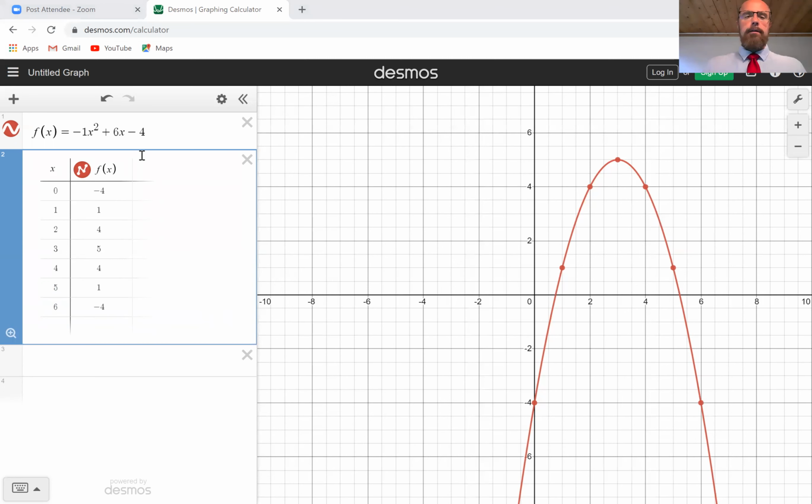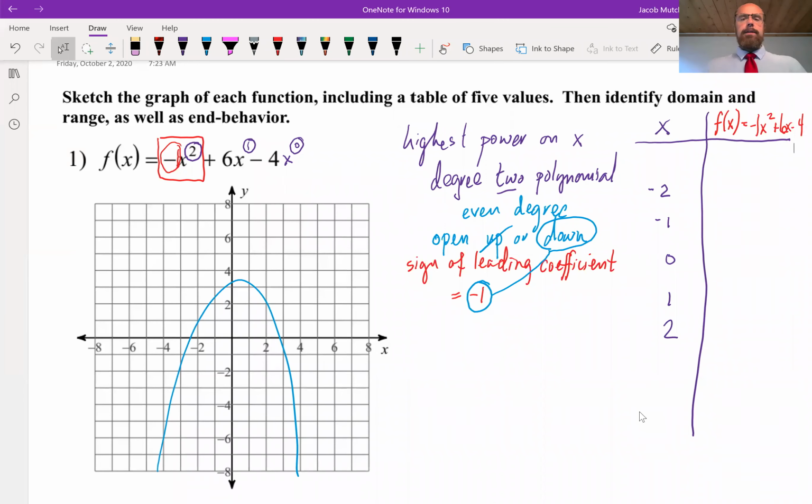I'm going to head back to the graph here. And let's adjust our domain just to reflect what we'd seen on the graphing calculator. So we'll go 0, 1, 2, 3, 4, 5, and 6. And then the outputs, just to get those recorded again, negative 4 at 0, 1, 1, 2, 4, 3, 5.